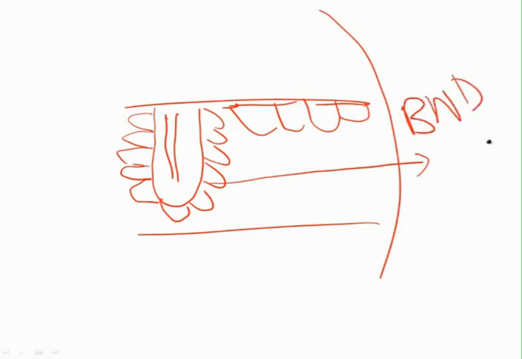So the classic association with a papillary lesion is a bloody nipple discharge. Now, for the most part, these papillary lesions, especially in a premenopausal woman, are going to represent something called intraductal papilloma. Intraductal because it's in the duct, and papilloma because it's benign.